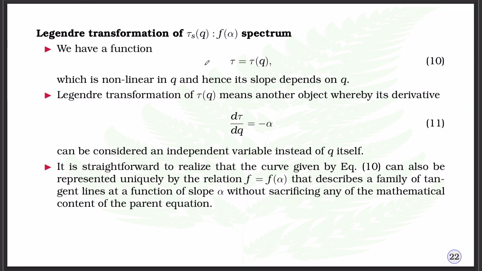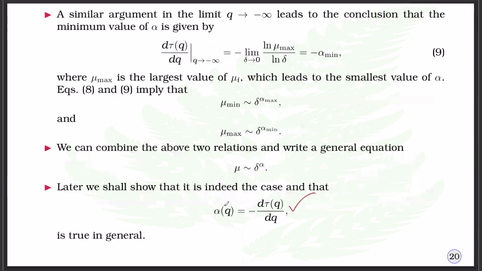Now we can apply the Legendre transform of tau q and we will obtain the f of alpha spectrum. We have a function tau equal to tau q, which is nonlinear in q and hence its slope depends on q. So Legendre transform of tau q means another object whereby its derivative d by dq of tau can be written as minus alpha, and alpha can be considered an independent variable instead of q itself, because of the derivative we wrote here.